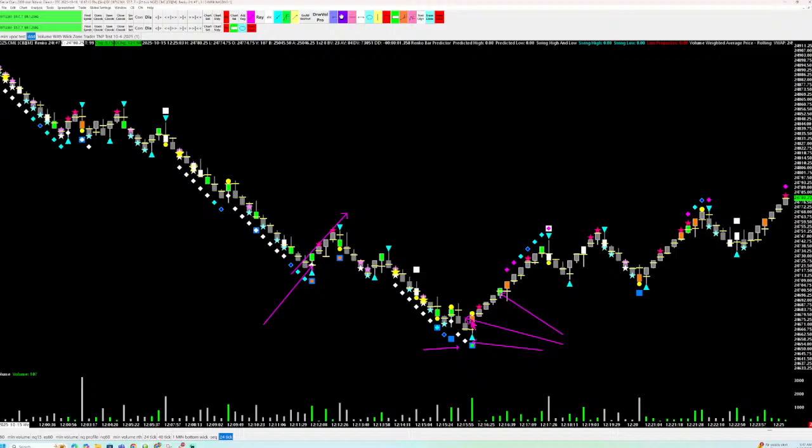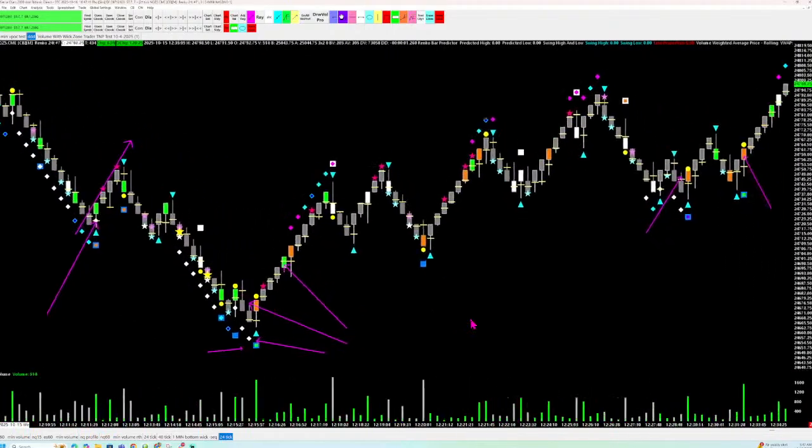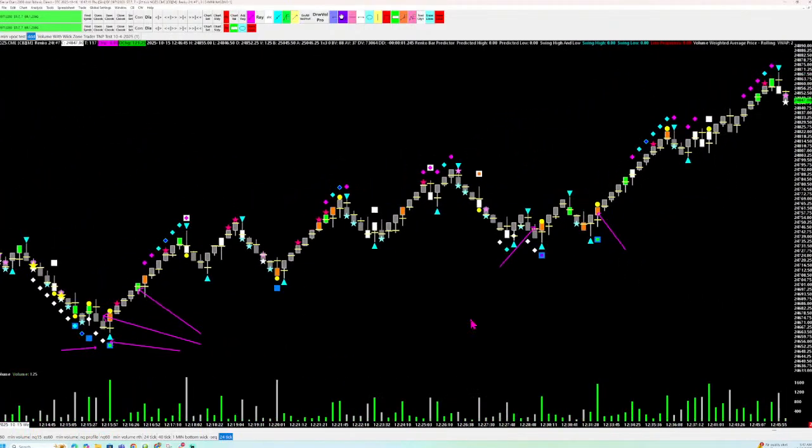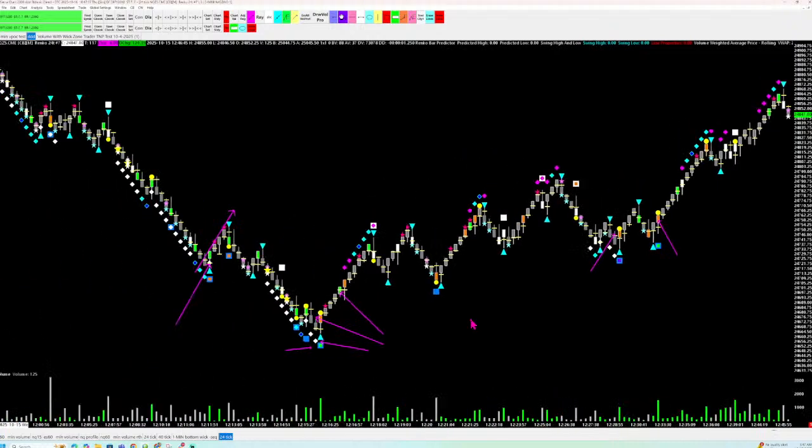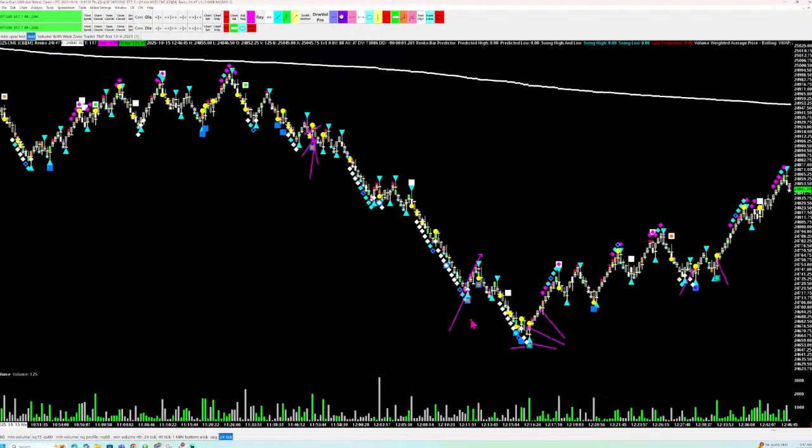That takes you from 24,678, right, for 200 points. Okay, so I want you to understand the risk reward proposition here. Minus 18, 20 to 30. The prior one is 20 to 30, 200, right?